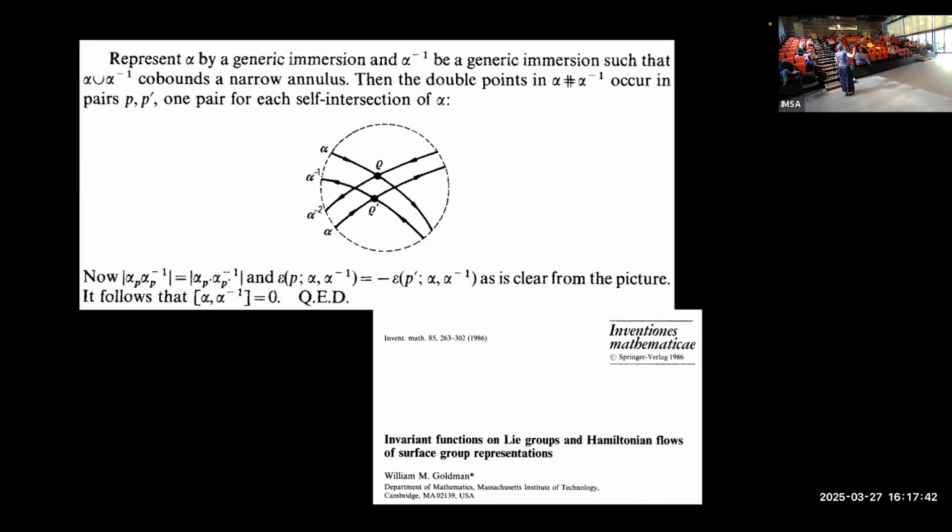And then he says locally around the self-intersection point of the curve, when you take two copies of the same curve, you get a picture like this, and there's two terms, and clearly they cancel. From the picture, it's obvious they cancel. So that's it. And those are famous last words.